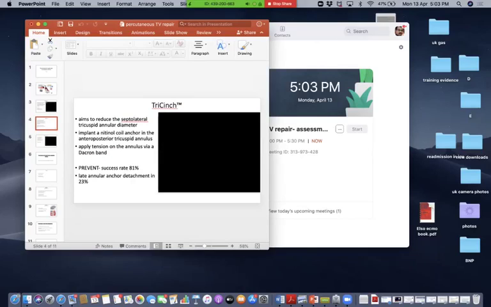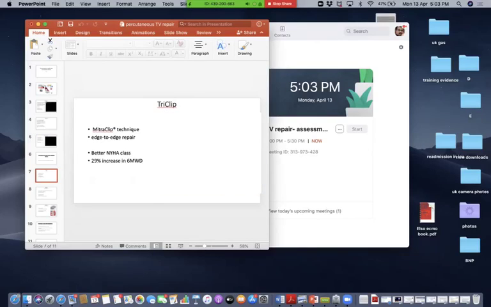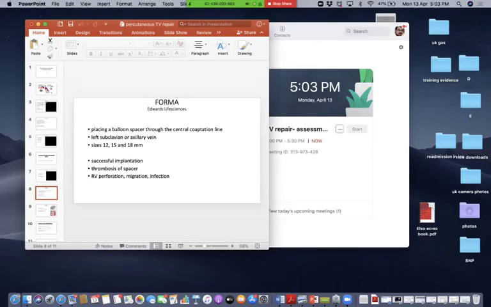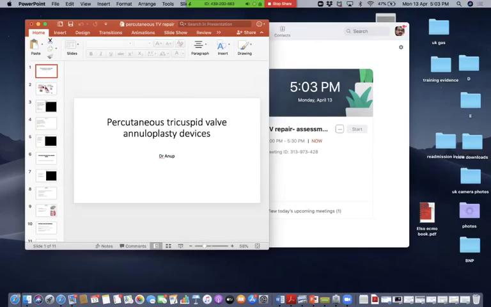They have come up with quite a few devices to deploy near the tricuspid valve. So we'll just go through that and see.